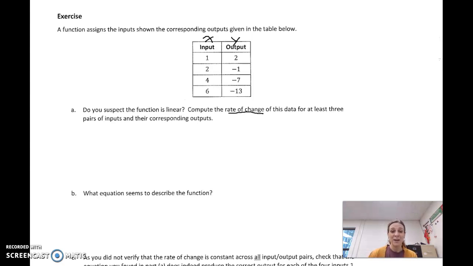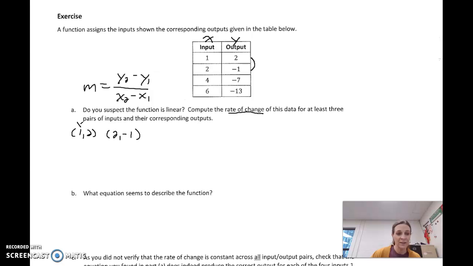All right, so we're going to use our slope formula: the difference in the y's, y sub 2 minus y sub 1, over the difference in the x's, x sub 2 minus x sub 1. Keep in mind these points are ordered pairs. I have to do at least 3, so I'm going to do the point (1, 2) and the point (2, -1). That's x sub 1, y sub 1, x sub 2, y sub 2.